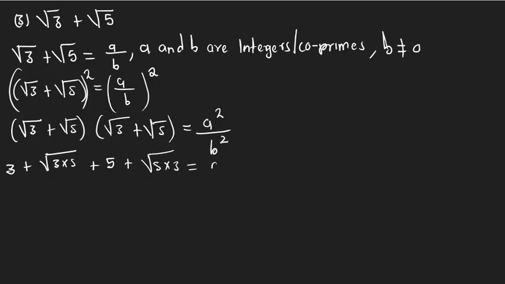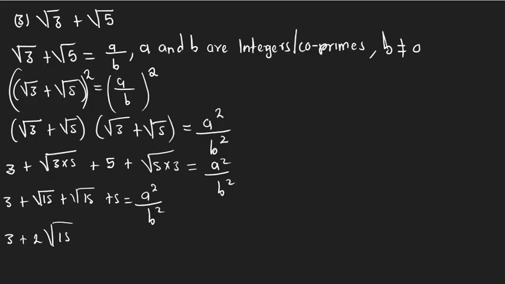That is going to equal a power 2 over b power 2. So we have 3 plus 2 root of 15 plus 5 equal to a power 2 over b power 2.